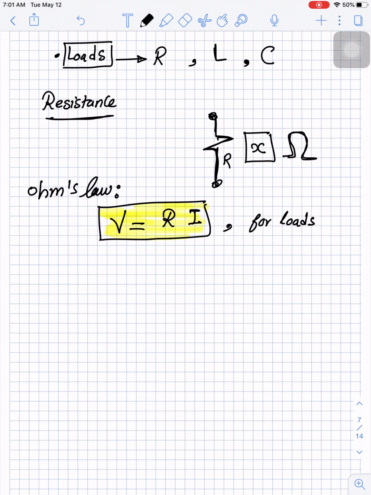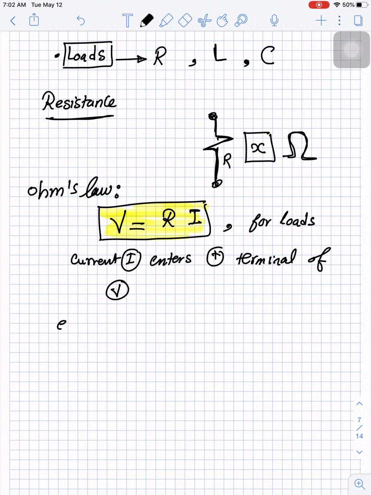And for loads means that the current I enters the positive terminal of V. So you cannot write down Ohm's law V equals IR without making sure that the current in the equation and the voltage in the equation have the directions such that the current is entering the positive terminal of R.